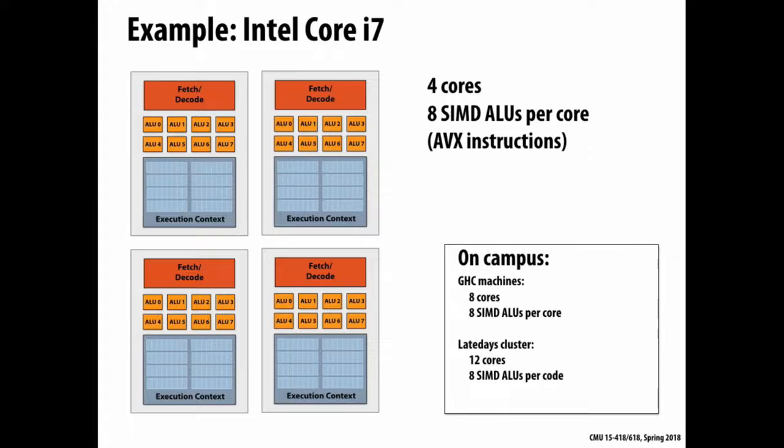It means we can do, it's like having 8 ALUs that can operate in parallel. Later in the term, we'll be using a cluster that you can also make use of. It only handles batch jobs. And it's a bigger version of the Gates machines with 12 cores.